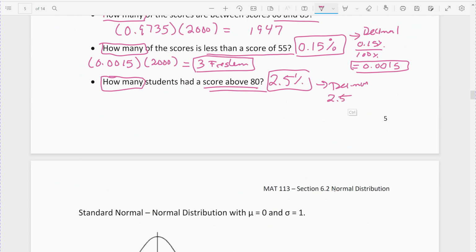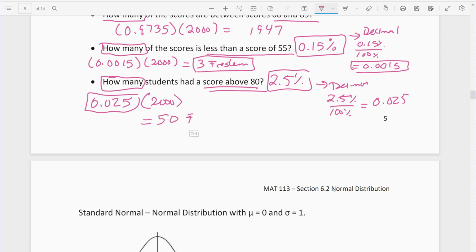You take your 2.5% divided by 100%, and it comes out 0.025. 0.025 is what you multiply by, times the 2,000. Again, it should be a small number: 50 freshmen. It's 50 out of 2,000, so a small number of freshmen scored above an 80%. If you check your answer, take the 50 divided by your 2,000 and you should get the same 2.5%.